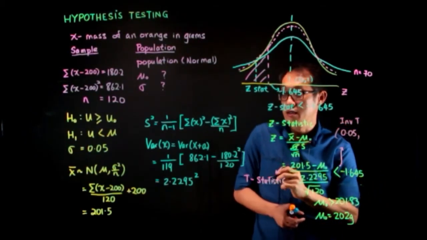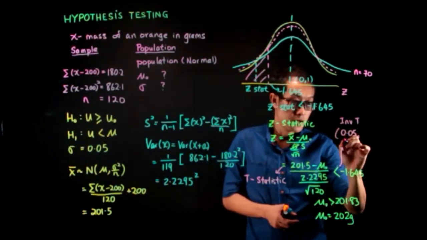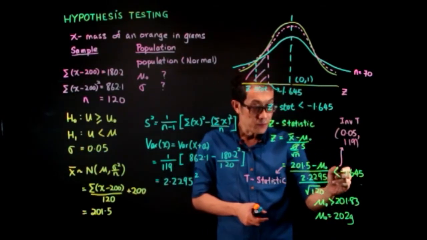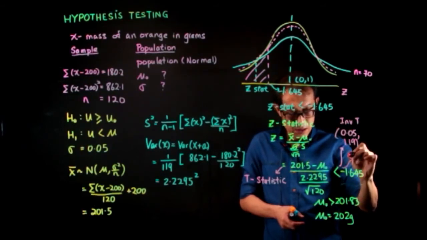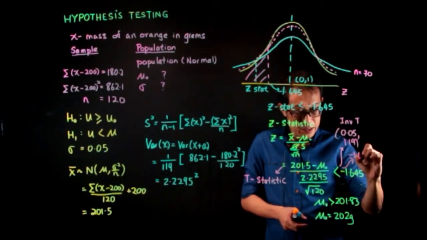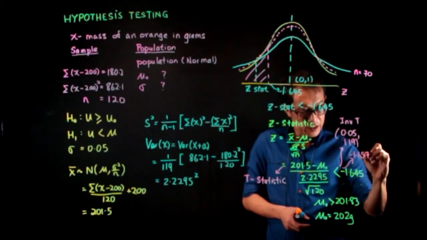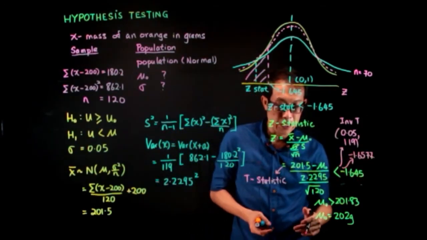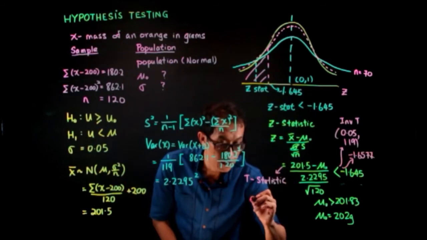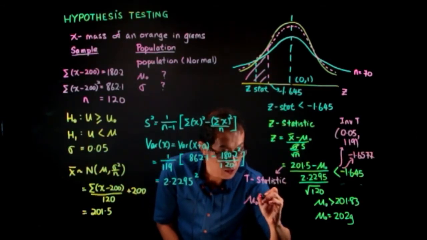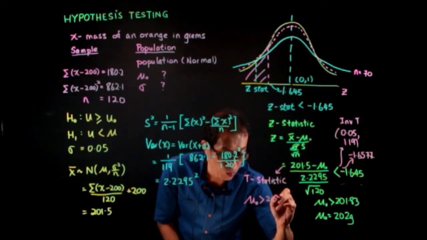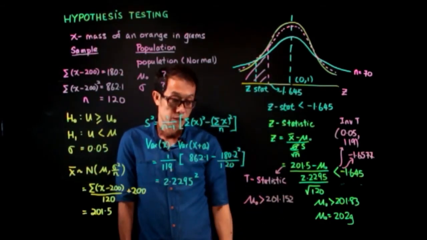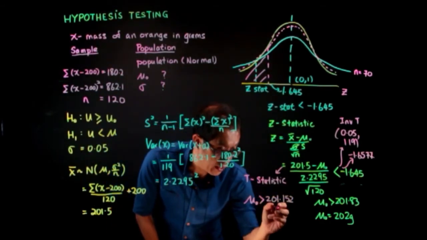If you put the error as 0.05 and the degrees of freedom as 119, you will find that this value will be minus 1.6577. Now, if you do the inequality, what will you get? You will get mu naught must be greater than 201.152. So you look at these two answers, they are very close. And then your final answer will still be the same.